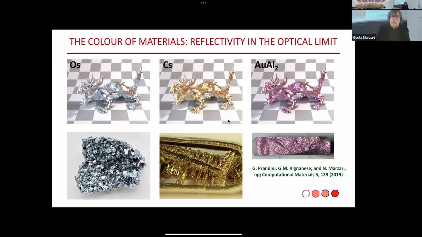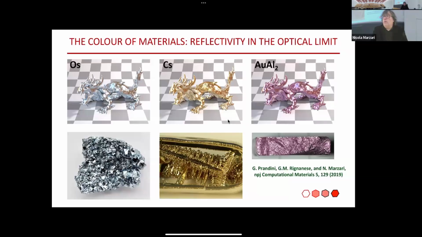If you are able to describe this faithfully, you can actually calculate how much light would be absorbed, how much light would be reflected, and thus the color and the shininess of the metal. And you see the results. On the bottom, we have 3 experimental pictures of osmium, cesium, and an intermetallic gold alloy.